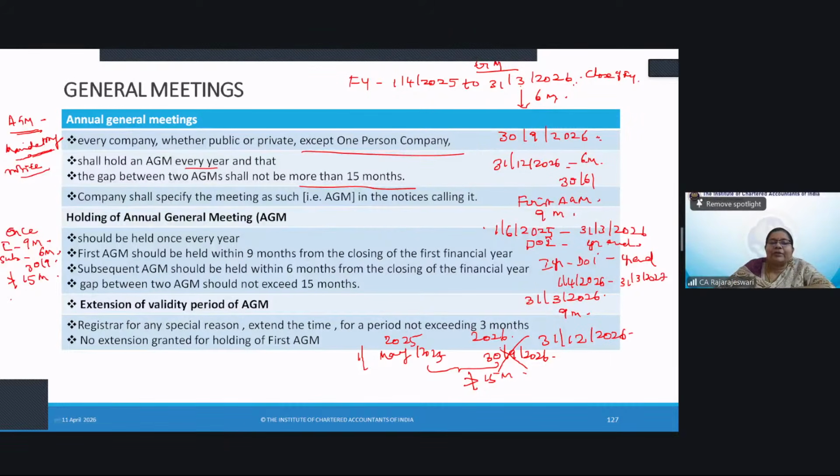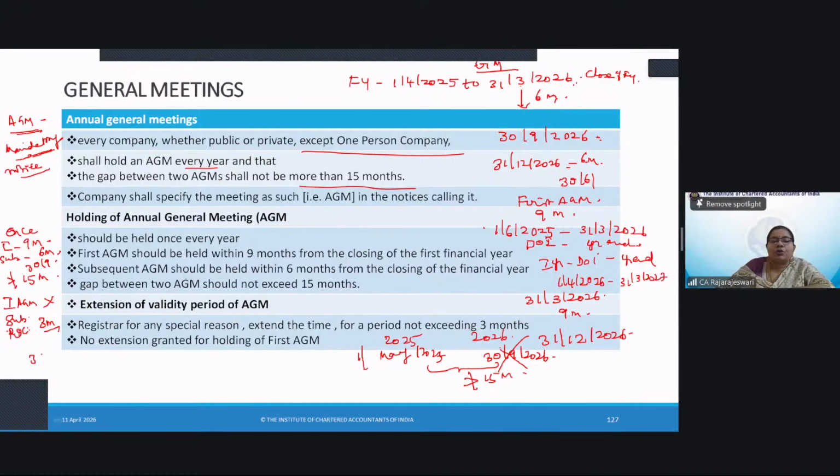Extension: can you get an extension for holding that AGM? Yes, but not for the first AGM. For the first annual general meeting, no extension. For a subsequent annual general meeting, you should make an application before the due date, before 30th September, to the ROC, that due to the inability of the company to hold an AGM, you request an extension. The ROC generally grants 3 months extension.